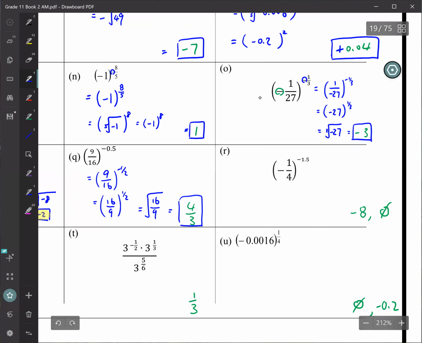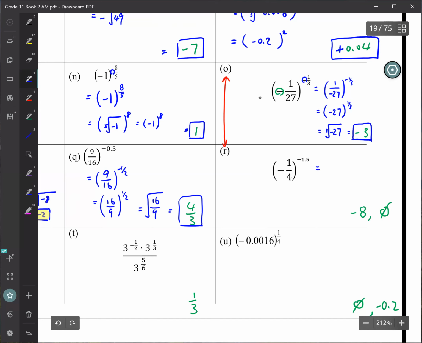All right, question R, we have two different answers, right? One is -8, the other one's undefined. Let's see if you can get undefined. We have done several things like this one. Question O and R are similar, right? So you can compare the way we did O, then we know how to do the R.